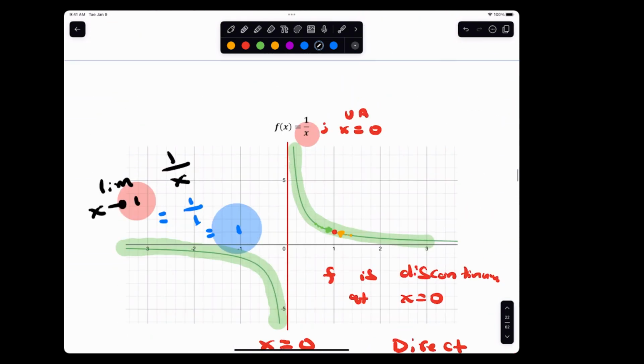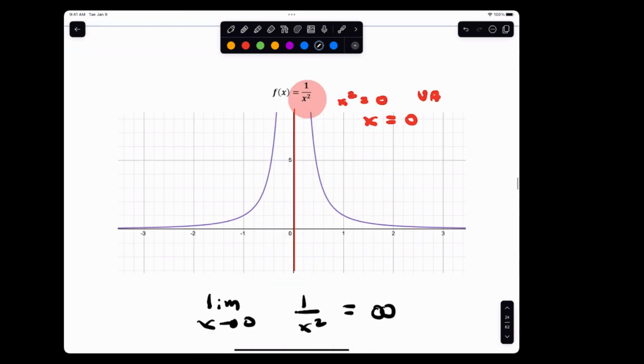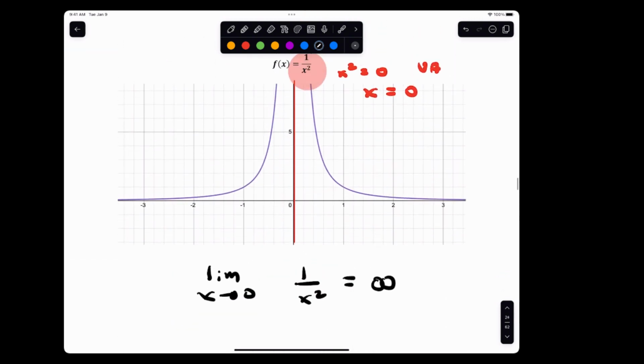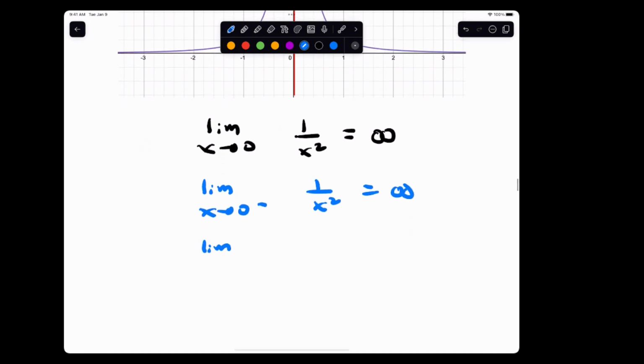One's going down forever, and one's going up forever around 0, right? And in this case here, they're both going up. What I'm saying is, as x goes to 0 from the left, it's infinity. And as you go to 0 from the right, it's also infinity.